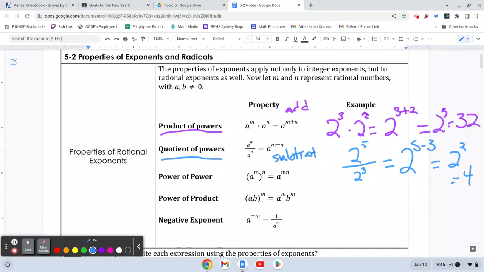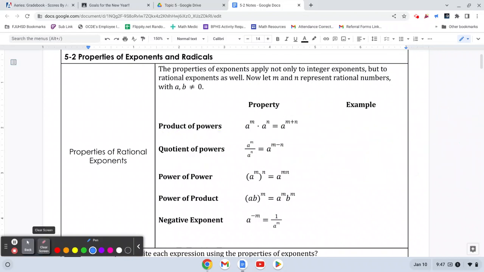Let's go ahead and clear the screen. There we go. All right, so let's now start with the power of a power. This is when I have a base raised to a power, and then that is raised to another power. So we have a to the m raised to the n power. When we have a power to a power, we're going to multiply those exponents.